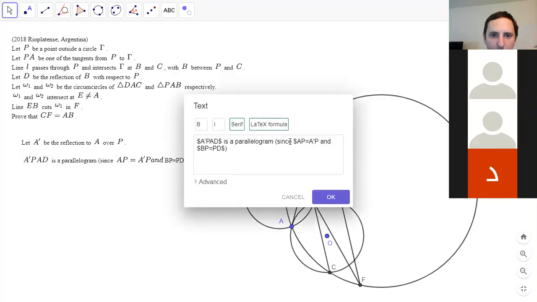Oops. What went wrong here? Oh, I got to add this.